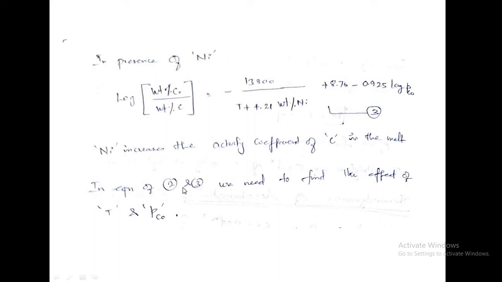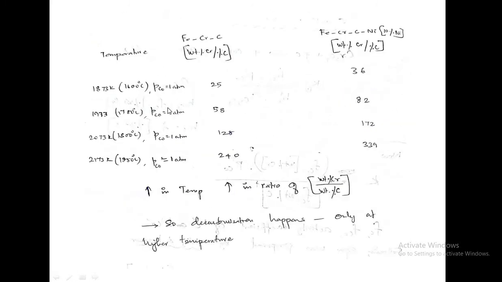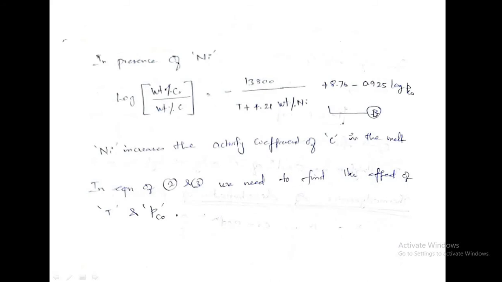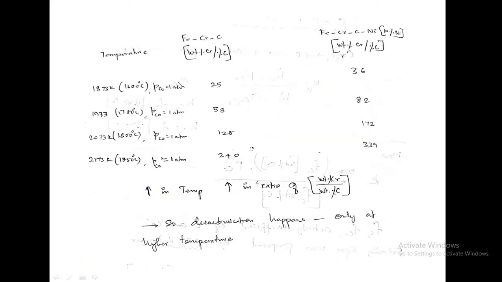So in the second and third equations, we have to find the effect of temperature and partial pressure of carbon monoxide. If these change, what happens to this ratio? We need to see that, right? So when we calculated for different temperatures, we kept the partial pressure of carbon monoxide fixed at 1 for all the temperatures: 1873, 1973, 2073, 2173.